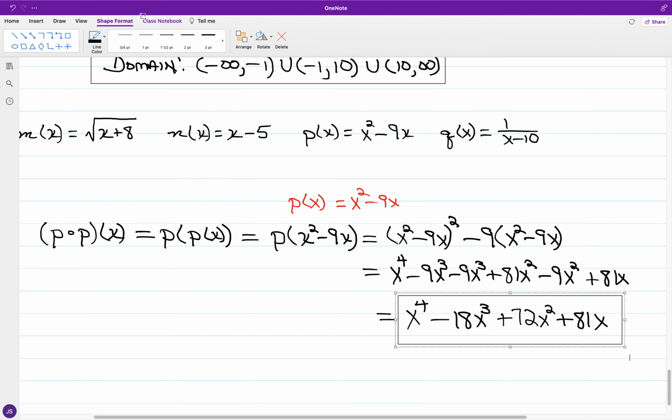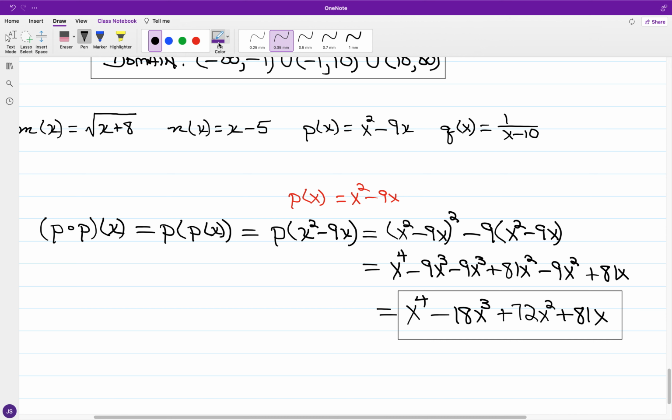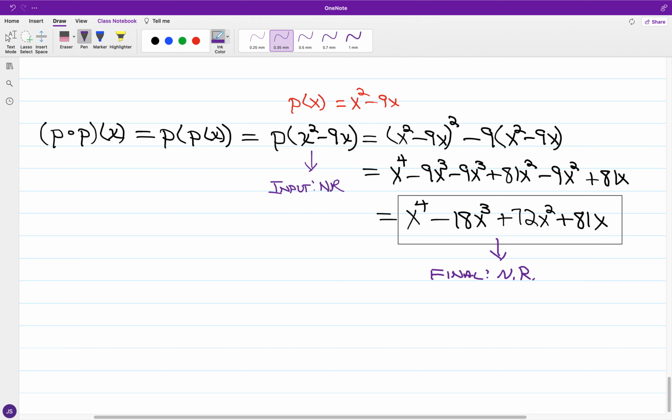And so for the domain of P composed with itself, input has no restriction, and for the final composition, okay, you don't have an even root radical or a fraction, so there's no restriction from that either.